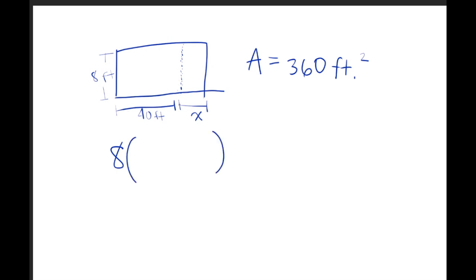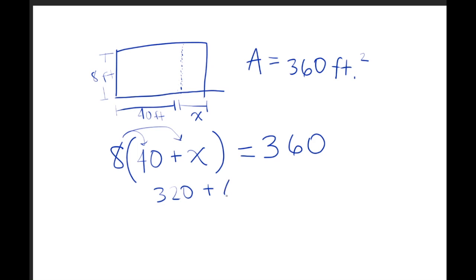And this other side is just 40 plus x. And I know that this all has to equal 360. So now I can distribute 8 times 40 plus 8 times x. So that's going to be 320 plus 8x equals 360.